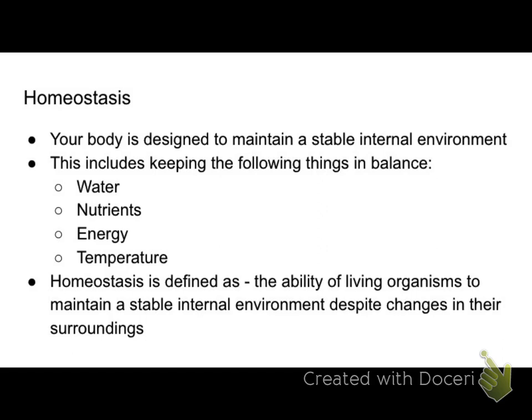Homeostasis is defined as the ability of a living organism to maintain a stable internal environment despite changes in their surroundings. So that means these things that we want to keep stable should stay stable no matter what is going on outside our body. Now, obviously, there are extremes, right? We have things like hypothermia or heat stroke.